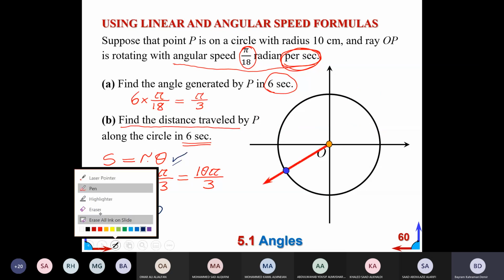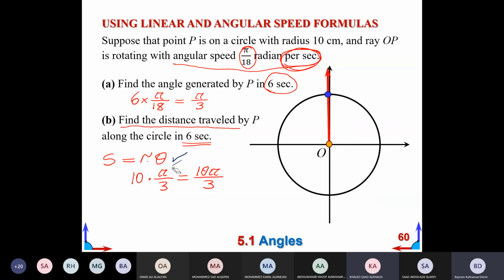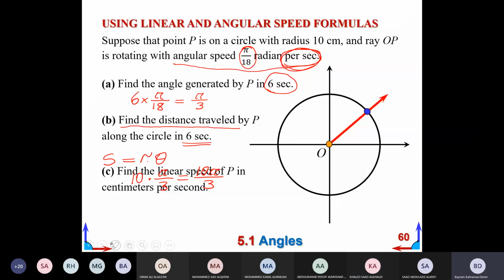We use this arc length way because we already have the radius and we have theta. Theta in 6 seconds is pi over 3. I have r and I have theta, so I just need to multiply r and theta. Okay, it's clear now.